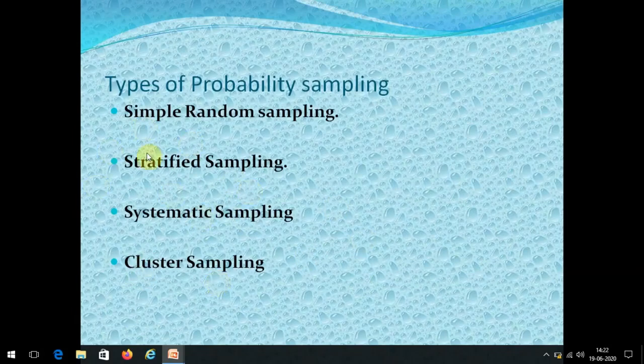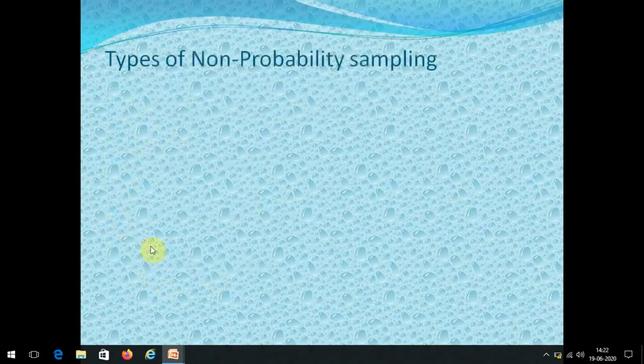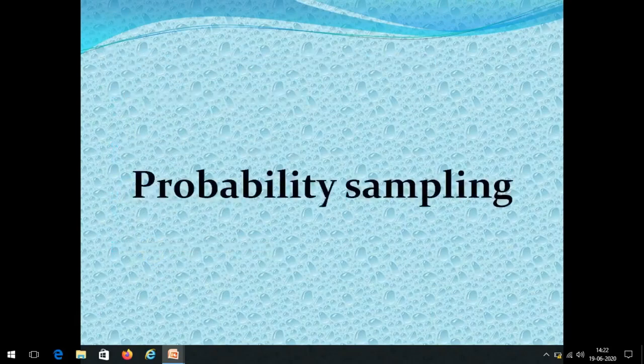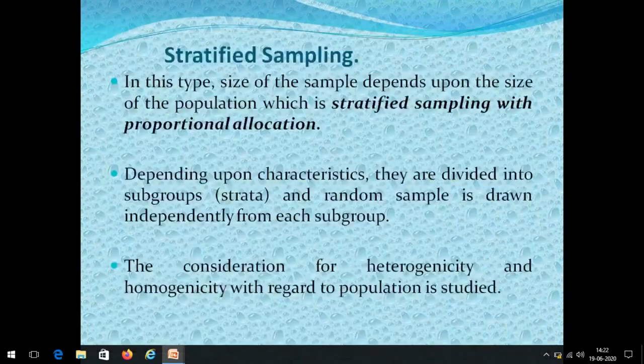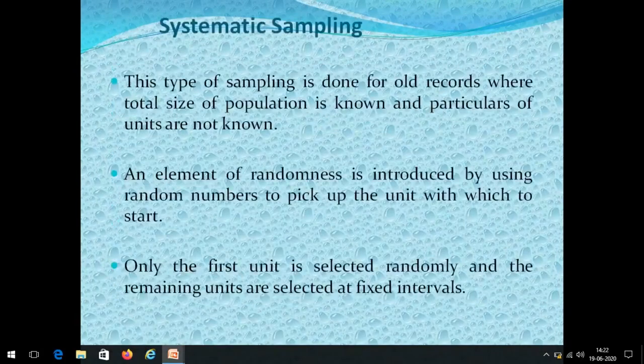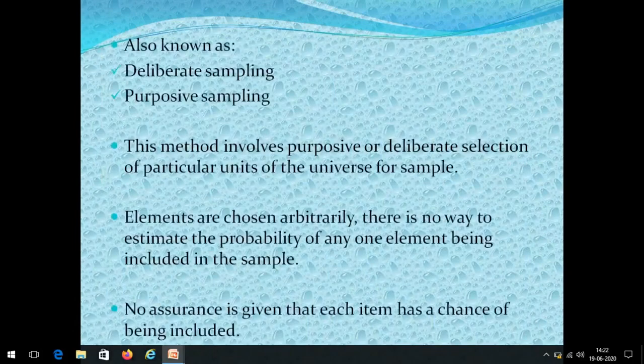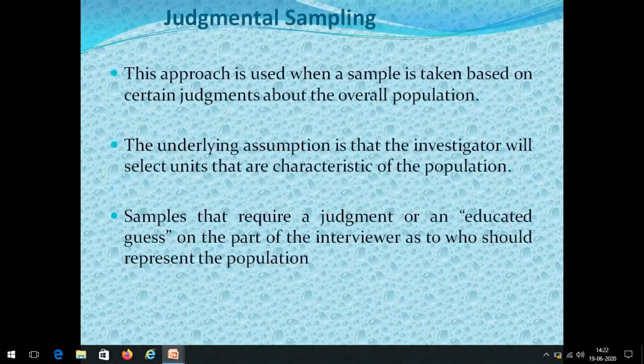In the Pathfinder survey, a combined stratified and cluster sampling was used. Non-probability includes convenience, judgmental, quota, and snowball. I'm not going into detail because we have covered the same topic. So that was sampling, probability and non-probability.